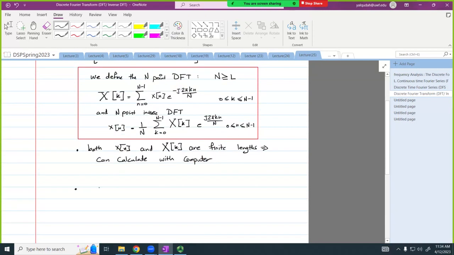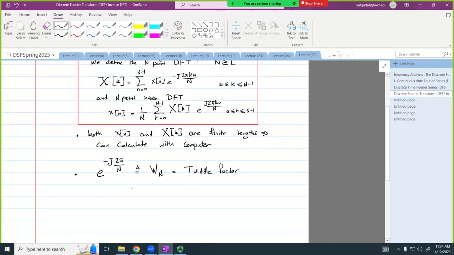is something that we call a twiddle factor, e to negative j 2 pi divided by N, is referred to as W_N and referred to as a twiddle factor. And therefore, to simplify the notation, we can write the discrete Fourier transform as X of k equal the summation from n equals 0 to N minus 1 of x of n multiplied by W_N to the power of k multiplied by n.